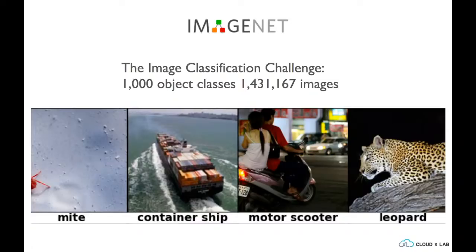What they compete on is, given a photo, you have to identify whether it's a leopard, container ship, motor scooter, mite, or any of those 1,000 objects. So given an image, you have to tell what are the things inside that photo. Like CAPTCHA, you must have seen. Just like CAPTCHA is for people, this is for machines. Given a photo, the machine is supposed to predict what is there in the photo.